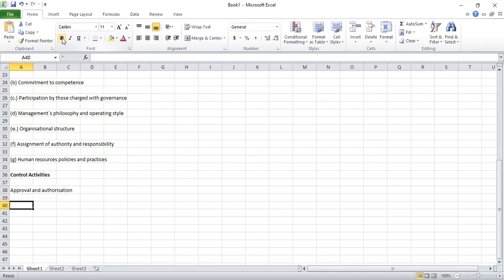We can say that all expenses for petty cash can be approved by a junior finance person. Then we can say that major expenses that are above 5,000 will need the accountant.